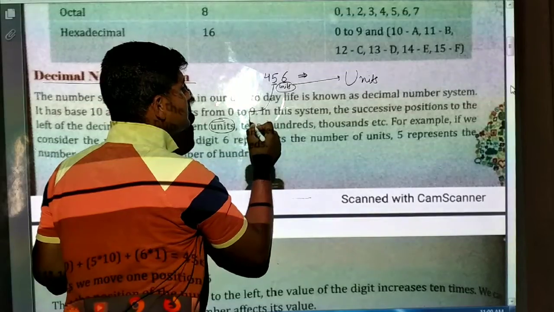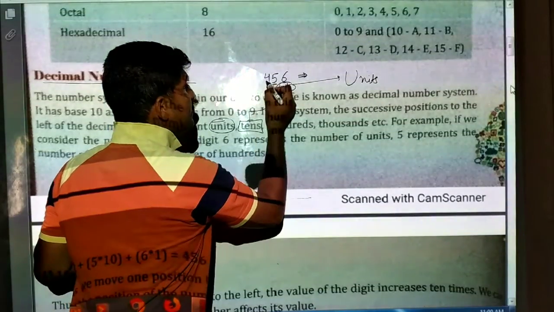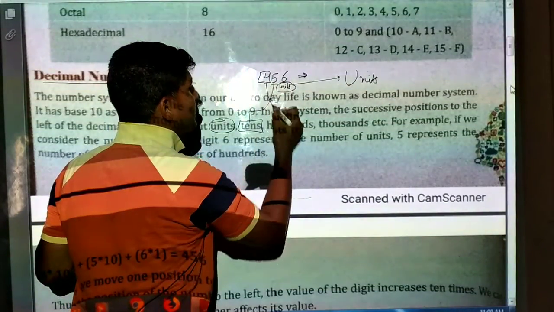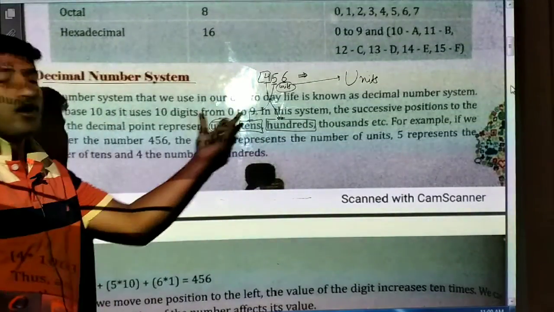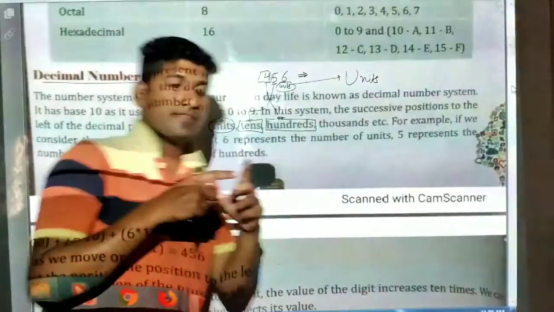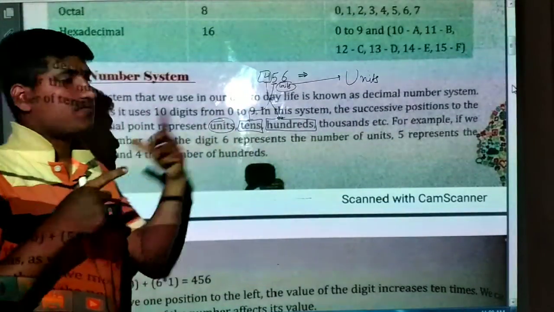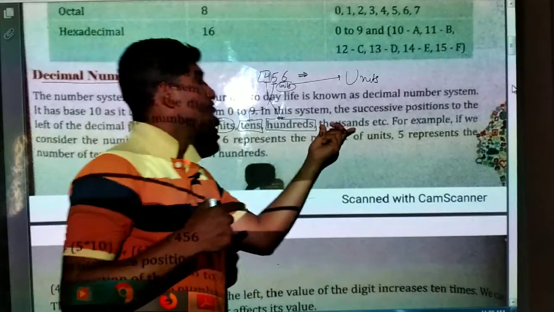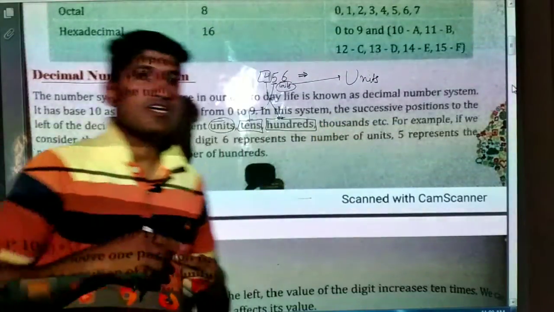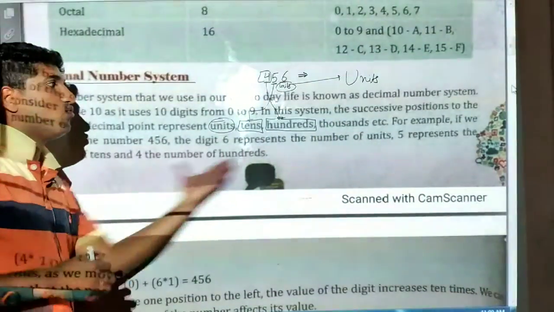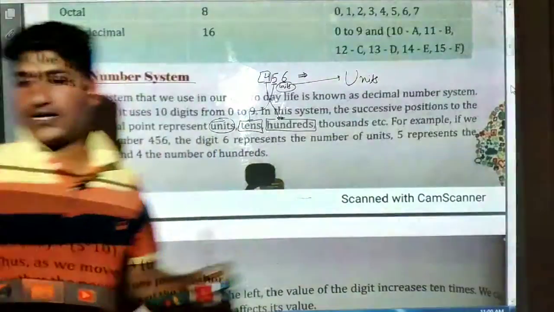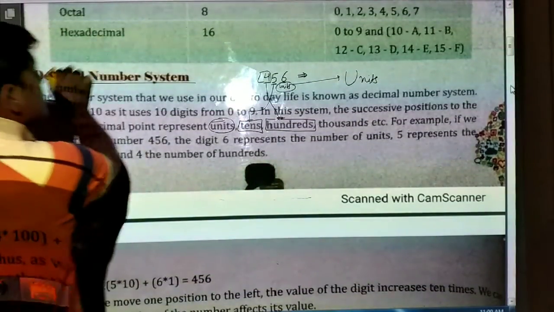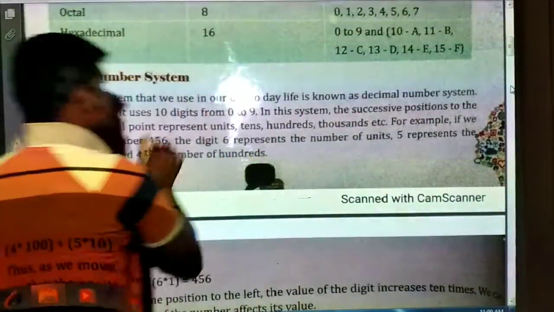It will be tens place. And next, digit 4 is present. That will be hundreds place. Now if our number has 4 digits, then the fourth digit will represent thousands, and it will go on successively, that is 10,000, lakh, 10 lakh, and so on in larger numbers. So this is the decimal number system.